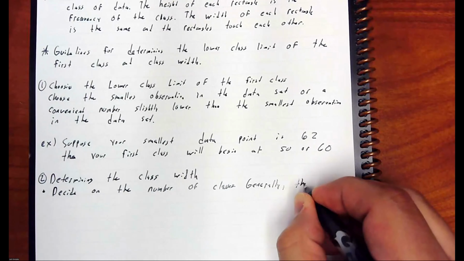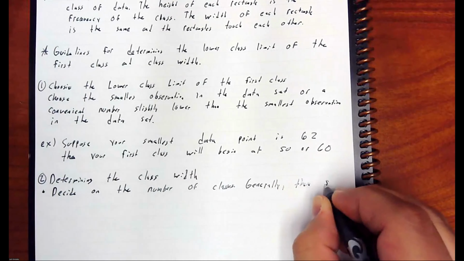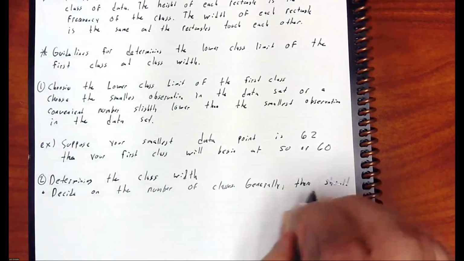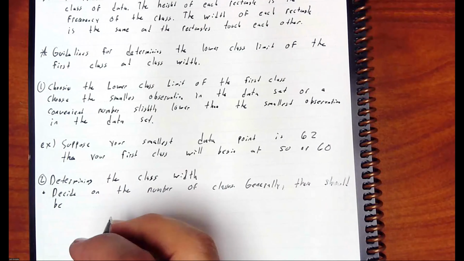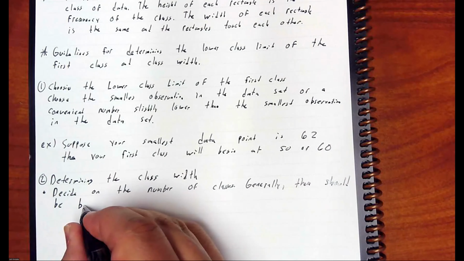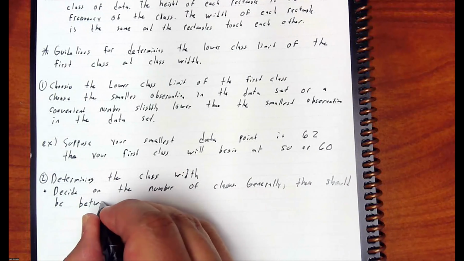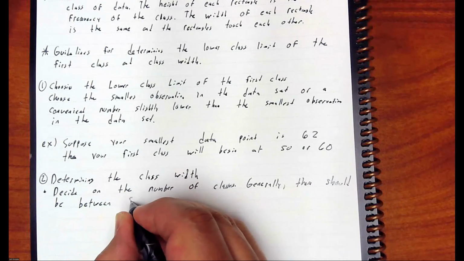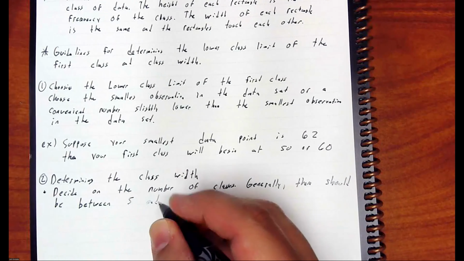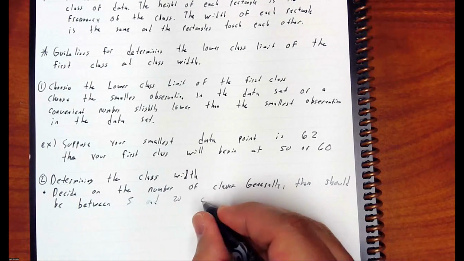Generally, there are, or there should be, between 5 and 20 classes.